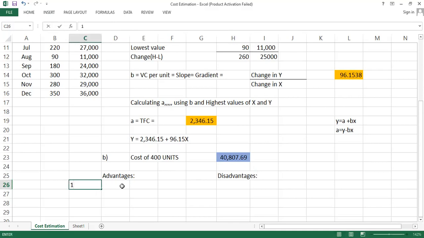One advantage, somebody? We can actually just look at one advantage, one disadvantage.